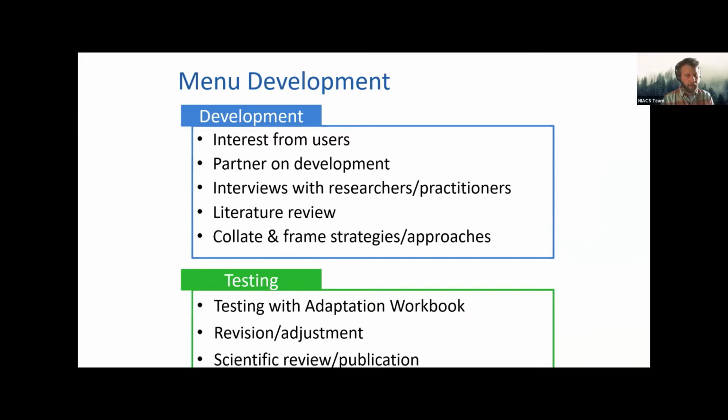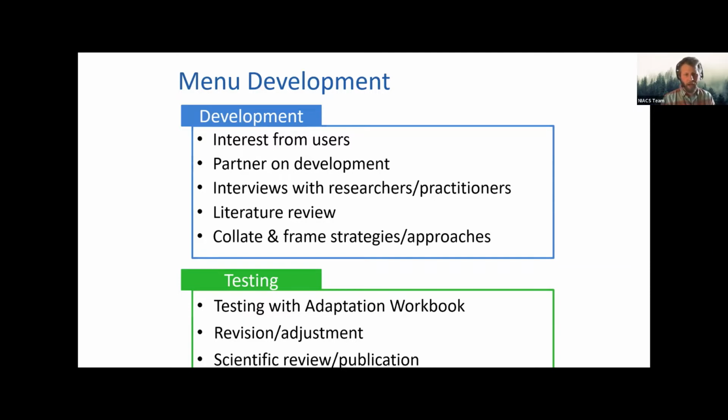We create something to work with, but we understand that it needs to be tested, it needs to be refined, and then it needs to be published. It needs to undergo that final testing phase of peer review before we put it out there and call it a product that's ready for use by practitioners. And then, of course, there's continued use.